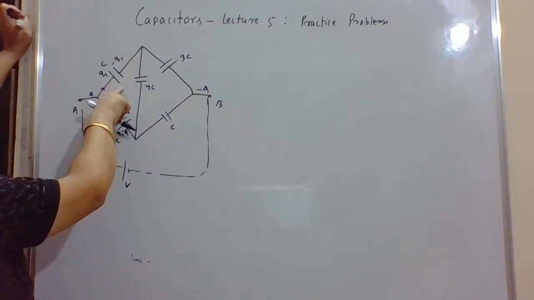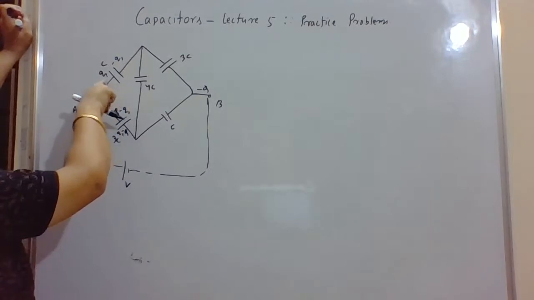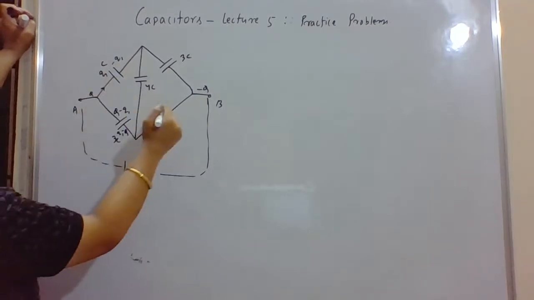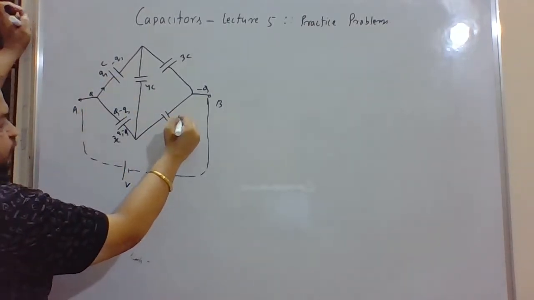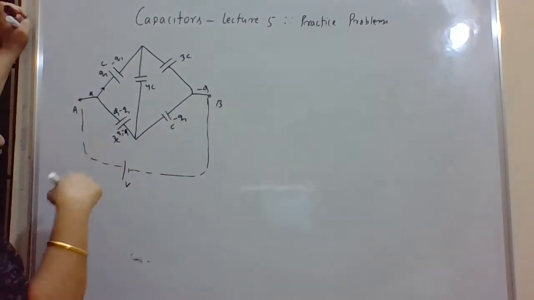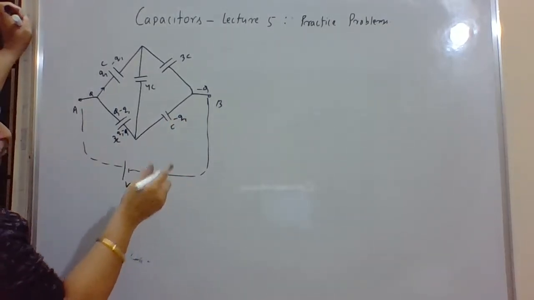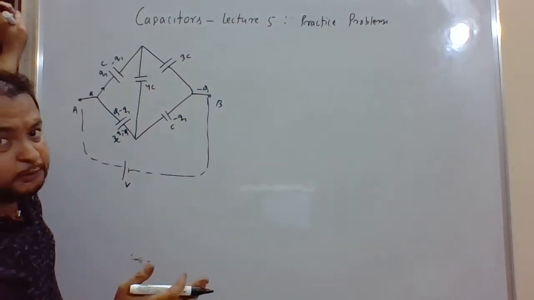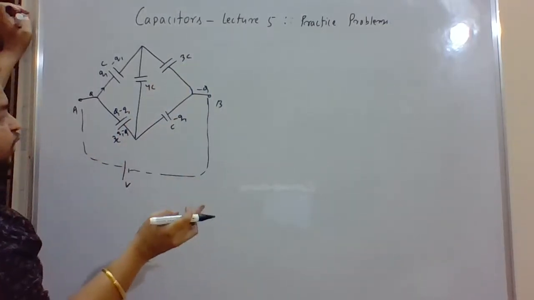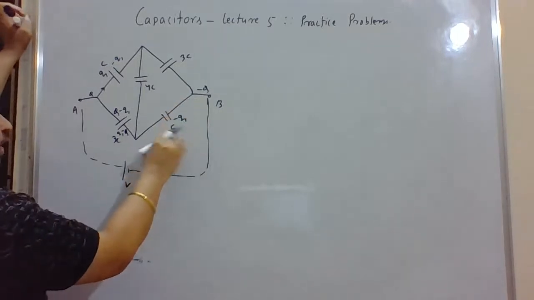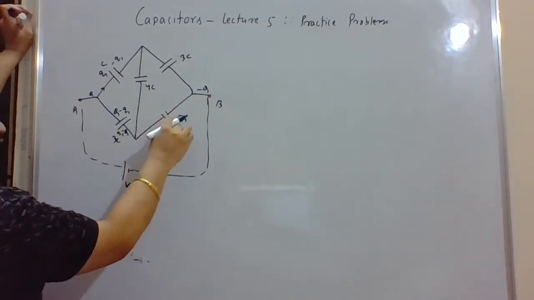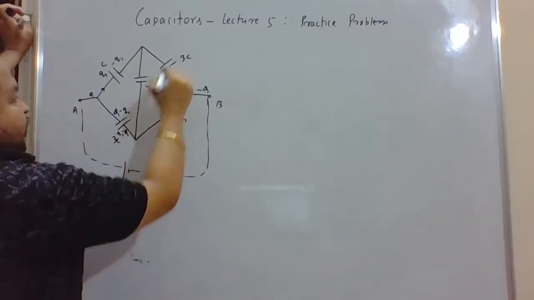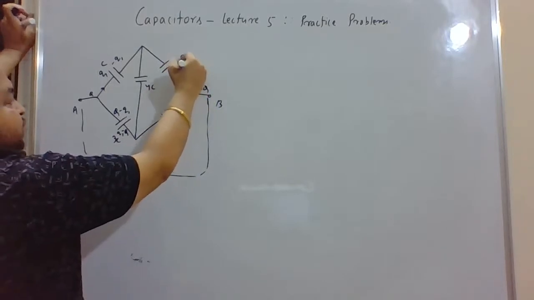Towards the capacitor of capacitance C1, we have sent charge Q1, which means here this will be minus Q1. This symmetry you need to keep a tab on. If you send minus Q1 charge here, your charge distribution is wrong, and you will end up getting a wrong answer. So say minus Q1 comes here, and if minus Q1 is coming here, how much charge will go here?